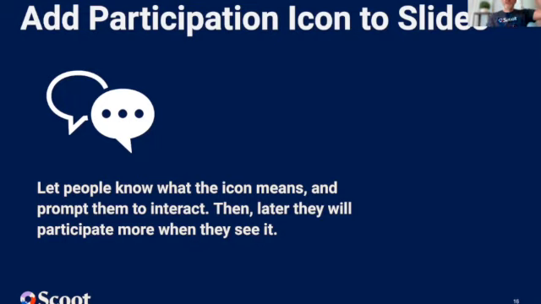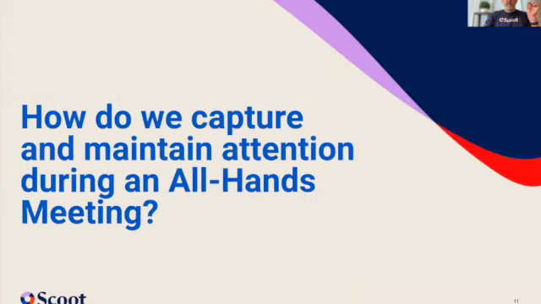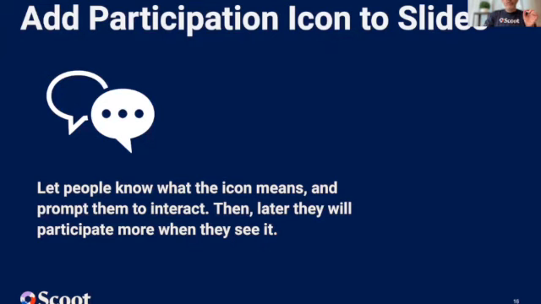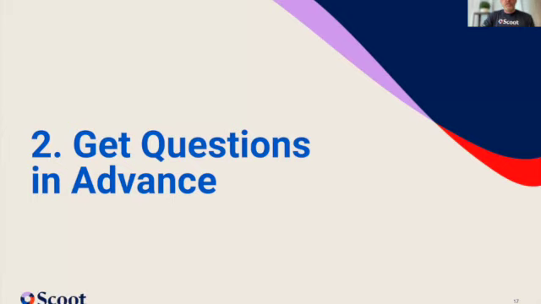So out of 35 slides, if you choose 3 or 4 or 5 of them and put a little icon on it, like we did on this slide, after you do that for a few meetings, people will begin to get pattern recognition, and you can remind them that if you see this icon, that's where we want some conversation to start. You can do that on Scoot, Zoom, Microsoft Teams, or any platform. It's simple, but it helps people understand when they should speak up, because they don't always know when.